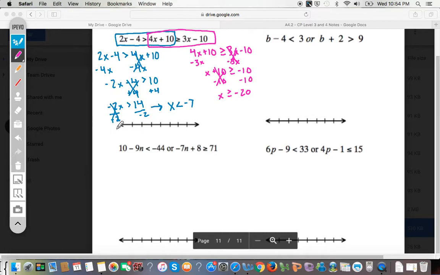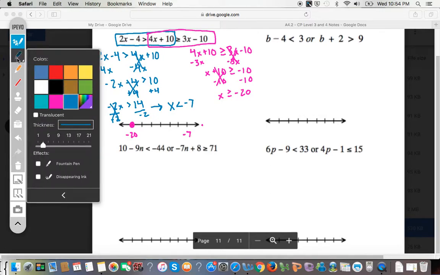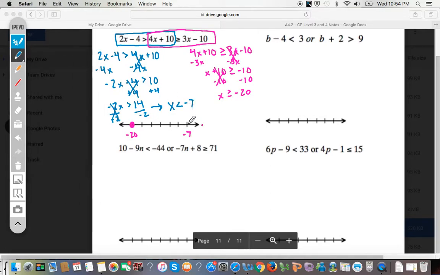Okay, so if I go to my number line here, how about I just put negative 20? Again, this is very rough. And I'll put negative 7 up here. So let me do this one first. x is greater than or equal to negative 20. So I know it's a filled in circle. And I'm heading in this direction. If I switch colors here, I have x is less than negative 7.